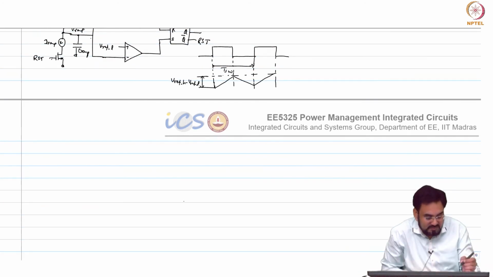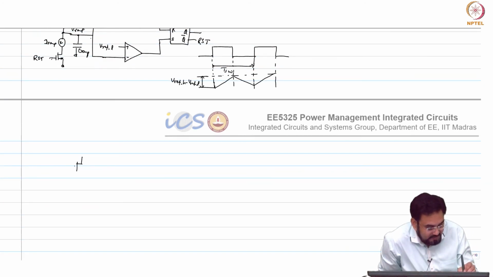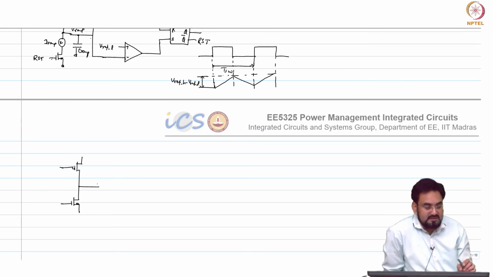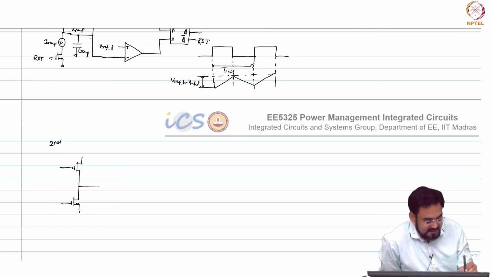Okay, so this is the output stage of your op amp. I am just drawing the second stage of the error amplifier.